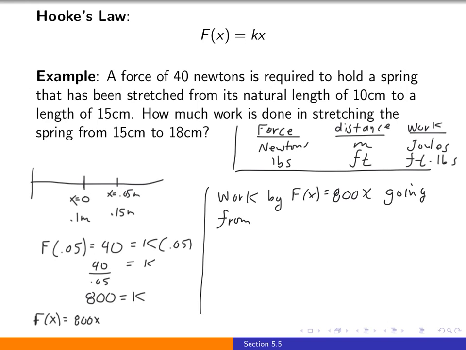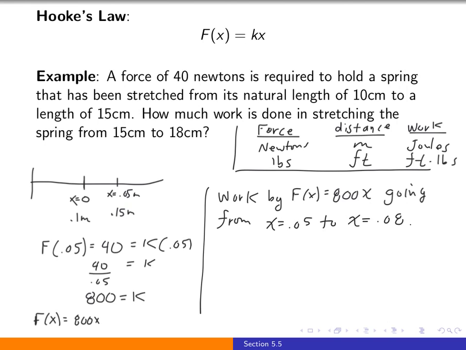Remember we said a moment ago that x equals 0 corresponds to 10 centimeters or 0.1 meters. So 15 centimeters corresponds to x equals 0.05, and 18 centimeters corresponds to x equals 0.08.